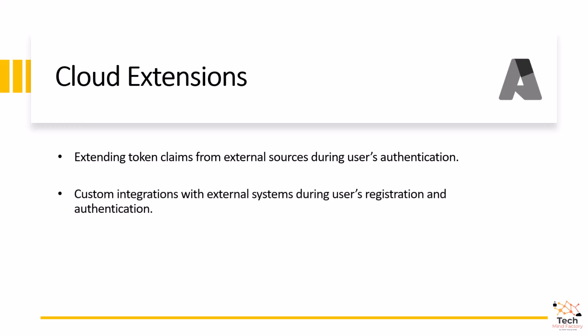And with cloud extensions, we can enable those custom integrations with external systems during user registration and authentication. And that's really powerful because it's not only about including the data in the ID or access tokens, but also, for instance, we can block registration for specific users based on the information from the external system.